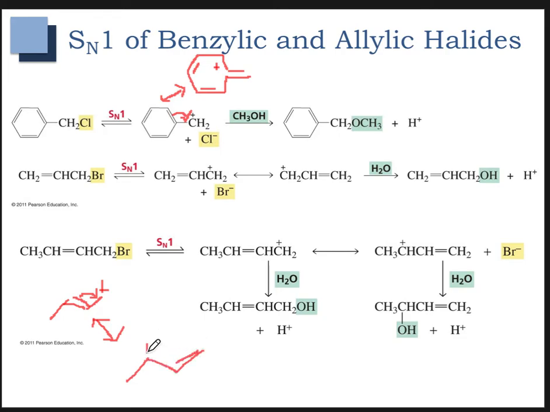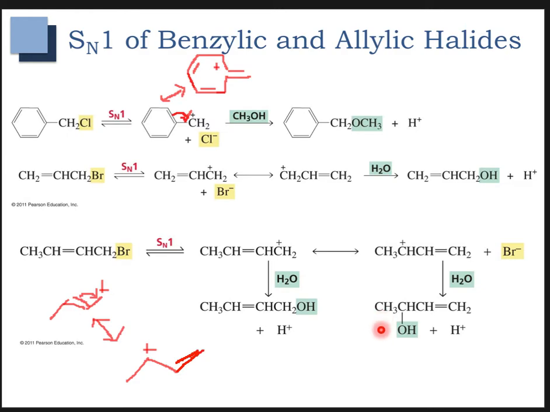So here are the two resonance structures that you would draw out. This left one is the one indicated here, and this one on the bottom right is the one over here. And you can see that for either one of these resonance structures, the nucleophile can attack, and so you can actually get two different products of this reaction.